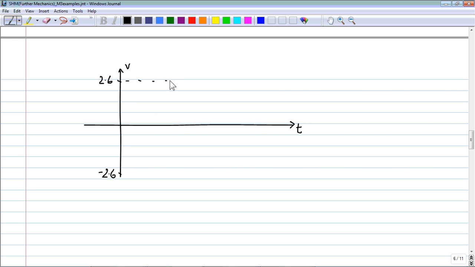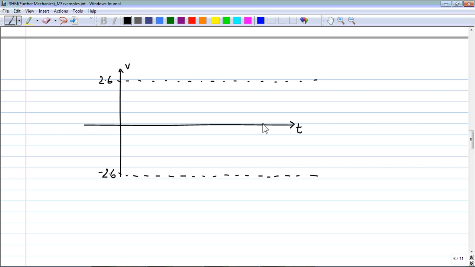Let me try and draw as carefully as I can a kind of bounding set here. So these horizontal lines will represent the maximum and minimum points. And I'm going to draw as best I can one complete wave. Just one complete wave should be fine.